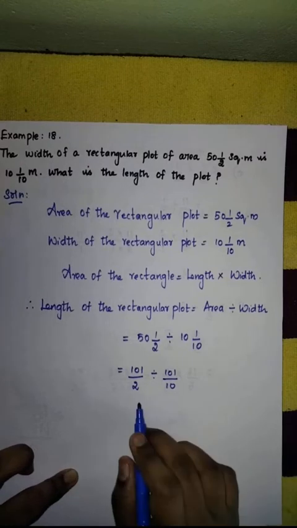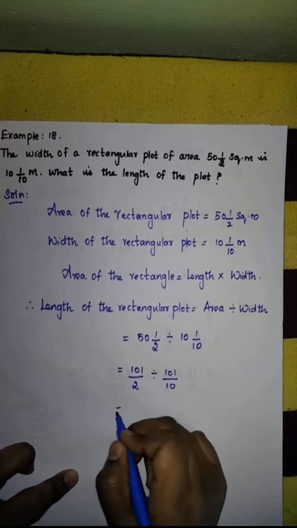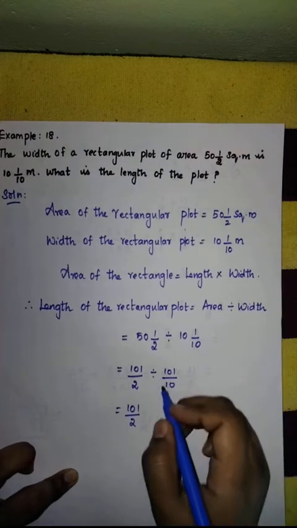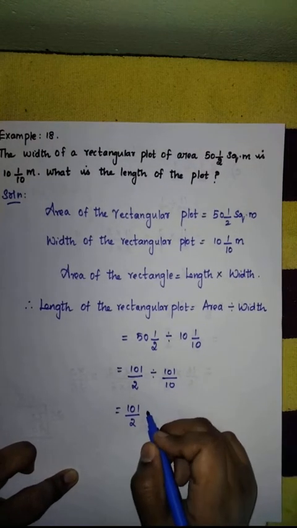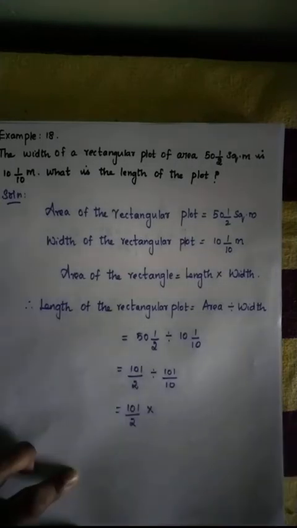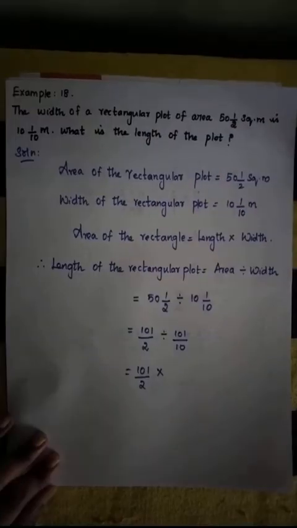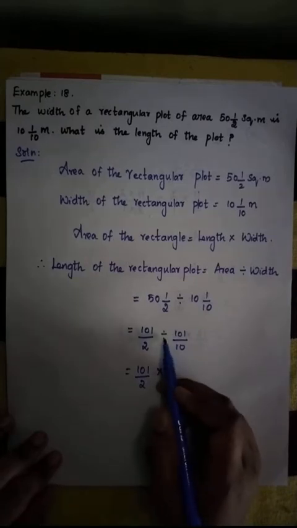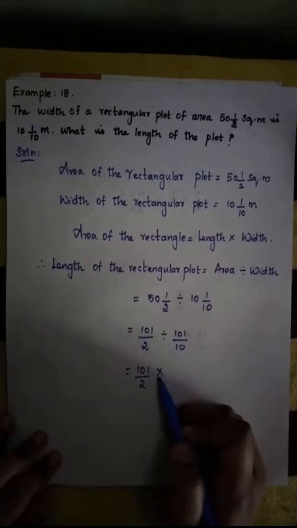Now we are going to divide a fraction by a fraction. First write the first fraction the same, then change the division symbol into a multiplication symbol. So 101 by 2, then the division sign changes into a multiplication sign.